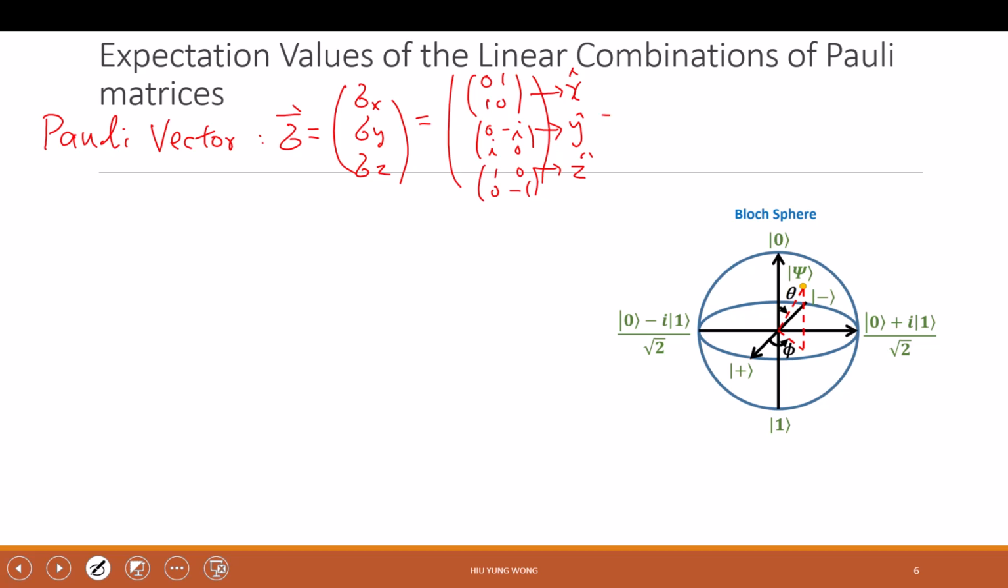Which is just equal to sigma x x hat plus sigma y y hat plus sigma z z hat. And this is the so-called Pauli vector. We discussed this before. It can be confusing, but you need to accept it, because based on the definition of a vector space, this is correct. It fulfills all the requirements. Okay, so this is a vector.